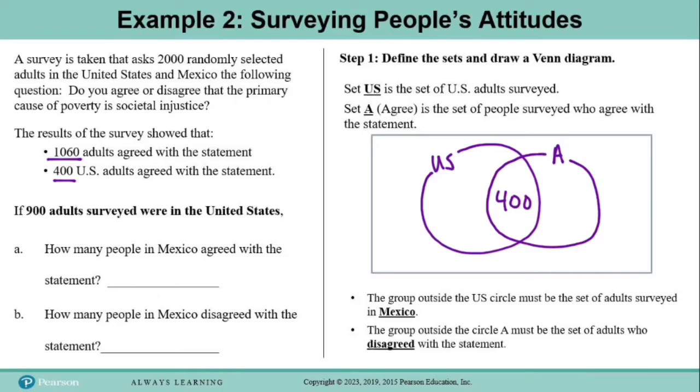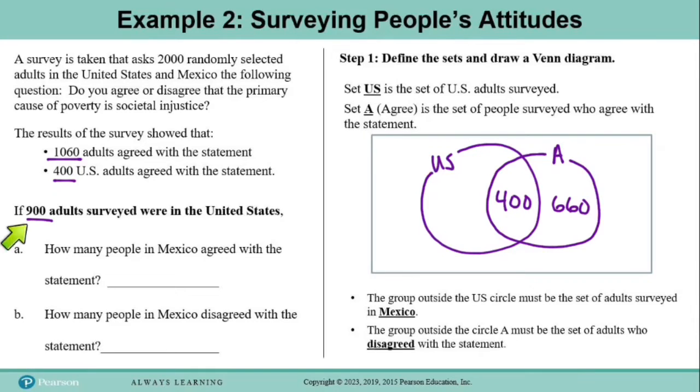So from that, we know that the 400 people here, plus this other amount of people who agree, has to add up to 1,060. So if you calculate 1,060 minus these 400 people, that tells you how many people will be left over to go in this region, and that number is 660. See, 400 plus 660 adds up to 1,060.